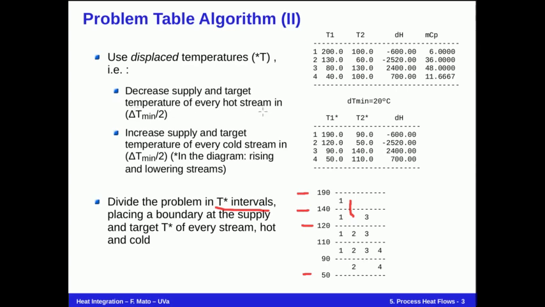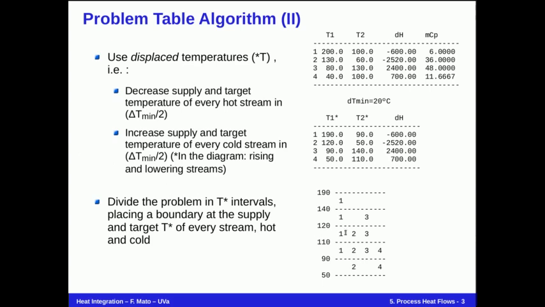See down here the population of a stream in the displaced temperature levels. Stream number 1 goes from 190 to 90. Stream number 3 goes from 90 to 140.